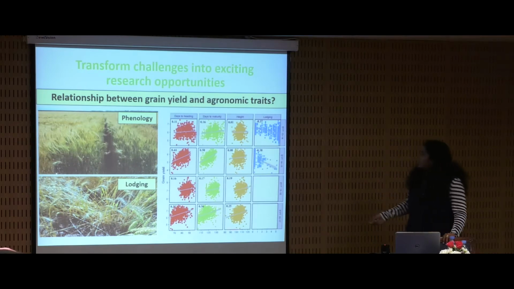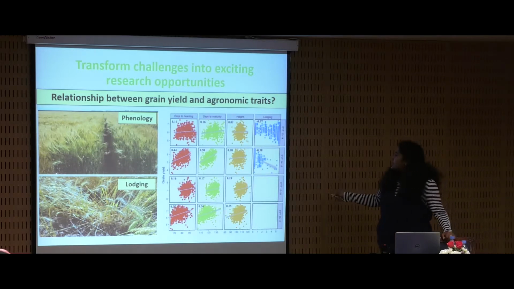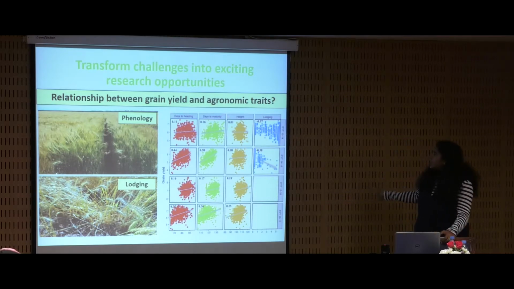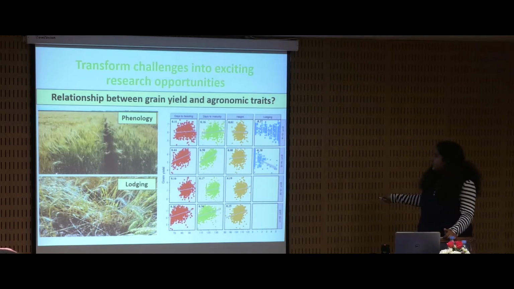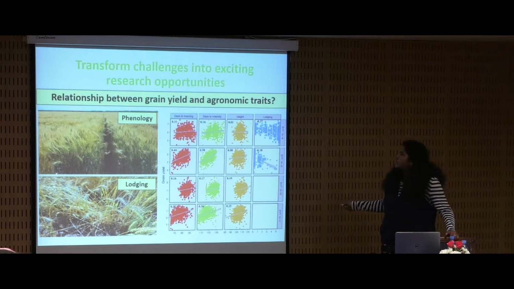And this is an interesting figure. The different panels here are the 4 different populations that we had. And on the x-axis are the days to heading, days to maturity, height, and lodging. This is just one of the environments in our second-year yield trials. And as you can see, this is again a clear effect of the weather.